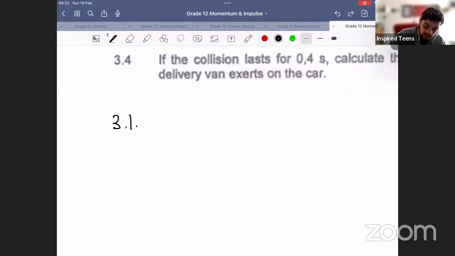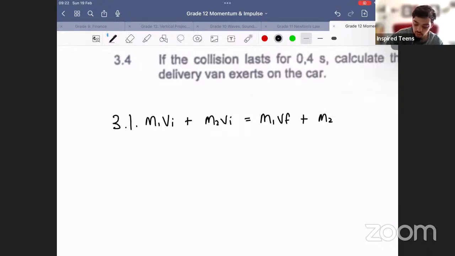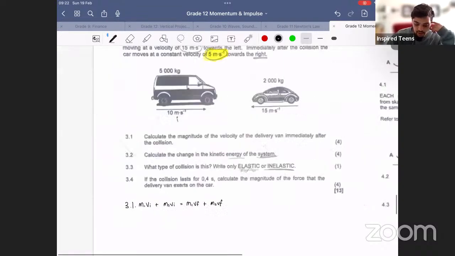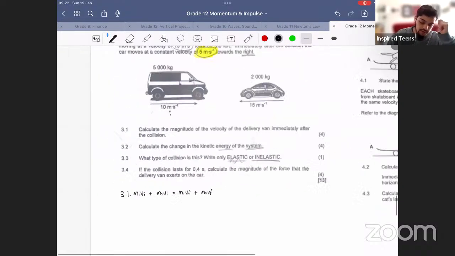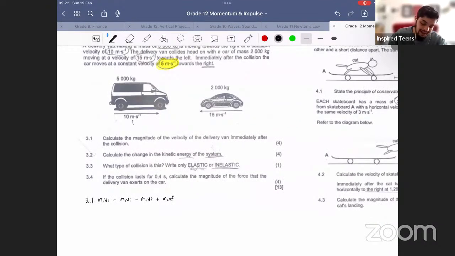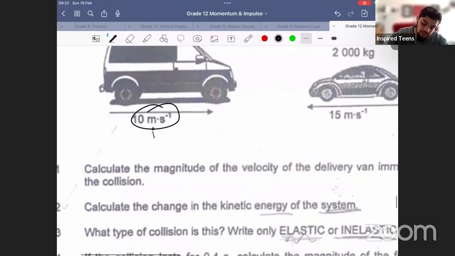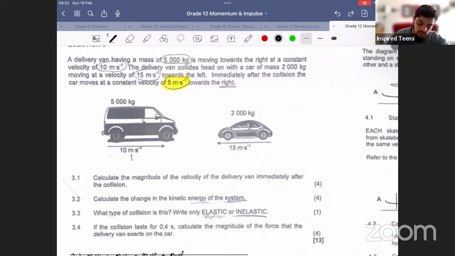So M times V, I'm going to call it M1, the mass of the first object, V initial, plus M2 V initial is equal to M1 V final plus M2 V final. Okay, so let's consider object one to be the van.